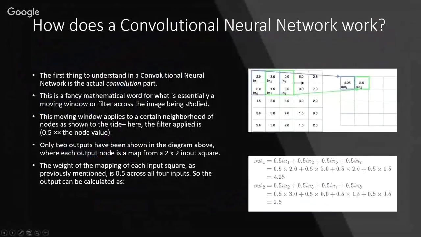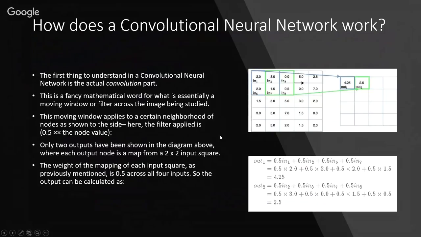So, how does a convolutional neural network work? I've got these diagrams on the right, which show some pixels. The first thing to understand is the actual convolution part. This is a fancy mathematical word for essentially a moving window or filter which goes across the images.